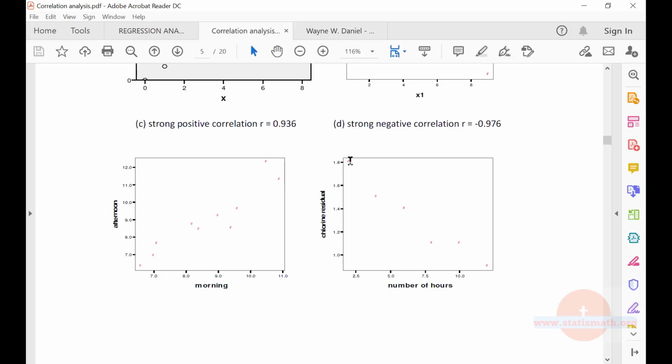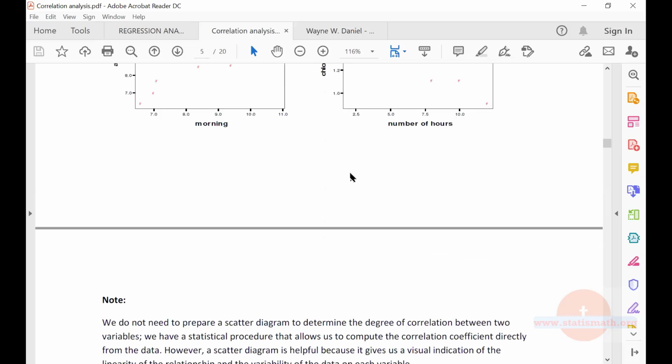Here too there is a negative correlation, because when you encircle it, most of the points are covered along this line, but it's not as perfect as in the previous graph. Not all fall on the same line. So we have to say there is a negative correlation, but not that strong.